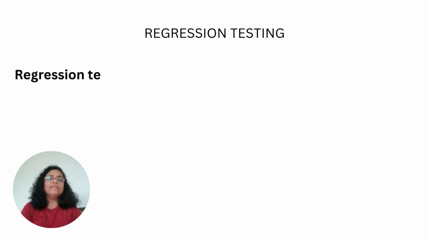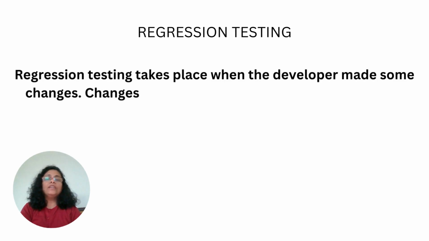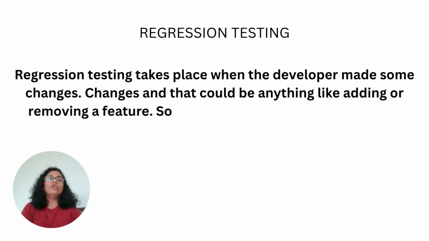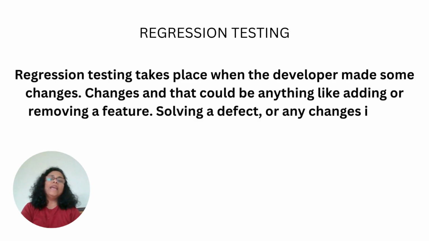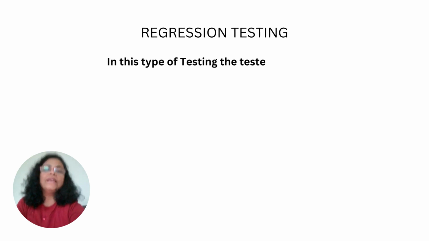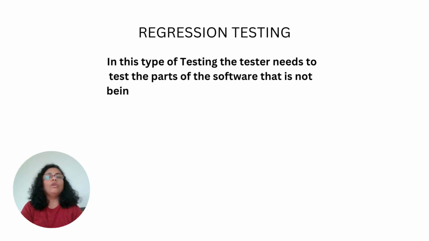Regression testing. Regression testing takes place when the developer has made some changes that could be anything like adding or removing a feature, solving a defect, or changing anything in the requirement field. In this type of testing, the tester needs to test the parts of the software that are not being changed or altered.